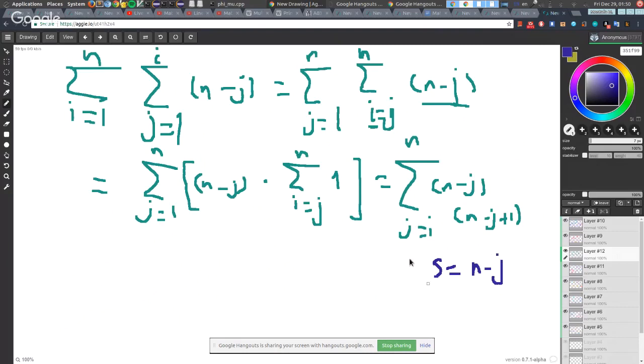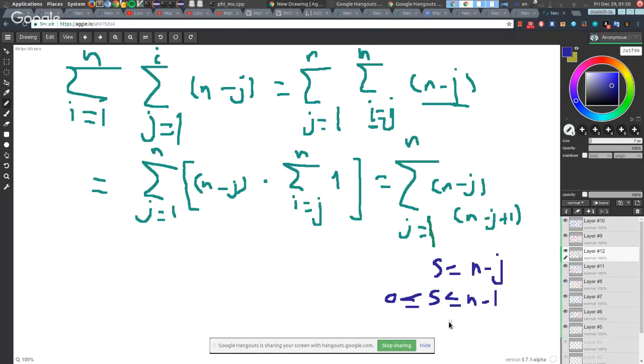So here we'll find that the s will go from 0 until n minus 1.